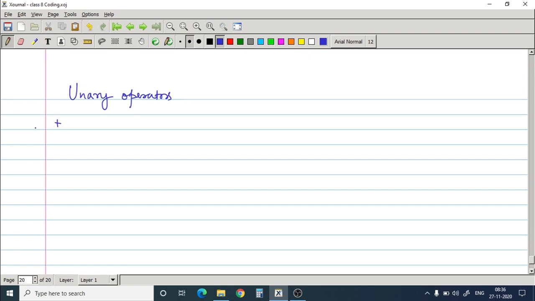The plus one, okay, unary plus. Now, this is nothing but giving a plus sign to an operand, and it does not change the sign of the operand. This is applied to a single operand. So, like plus A. Okay, so if A equals 10, then plus A will be equal to plus 10.